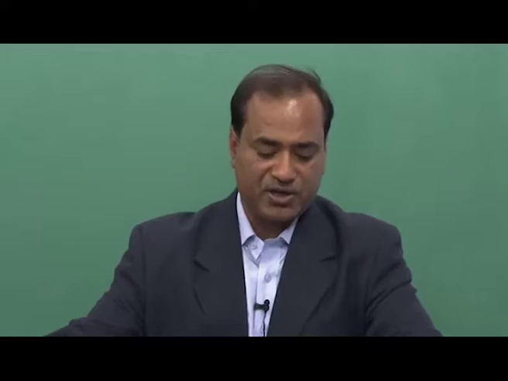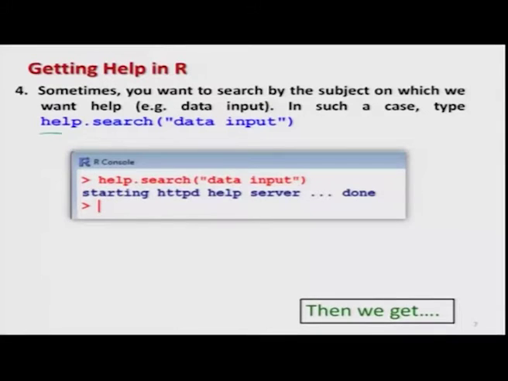Next approach is that I can use a function help.search. So the format of this command is the following, that I will try to type help.search, and suppose I want to know about how to input the data.